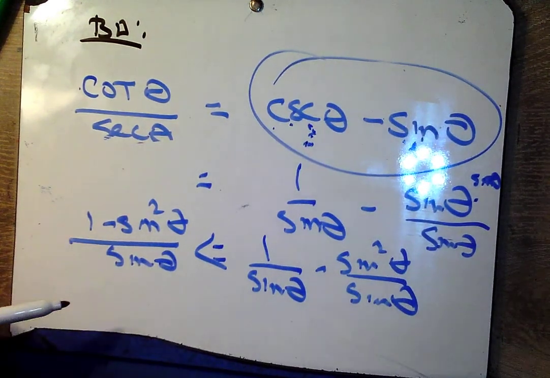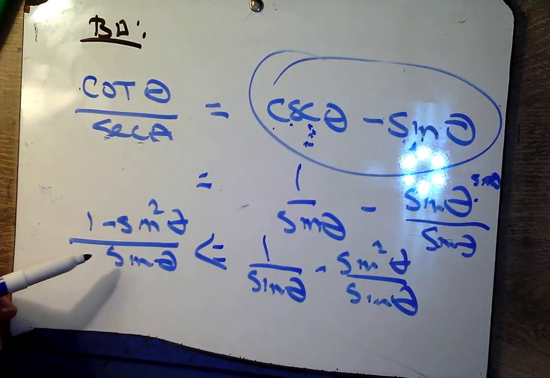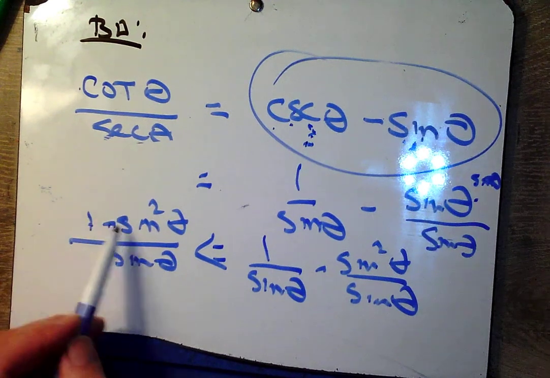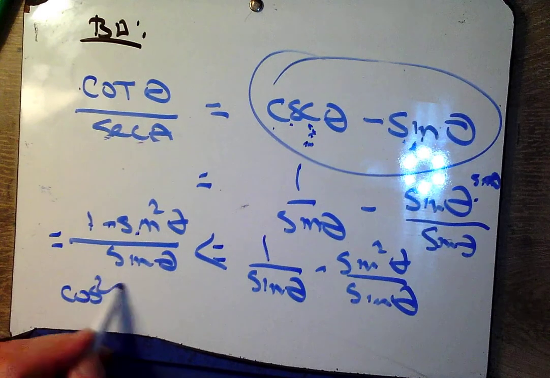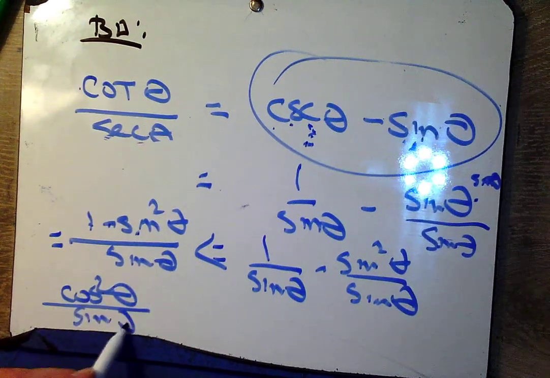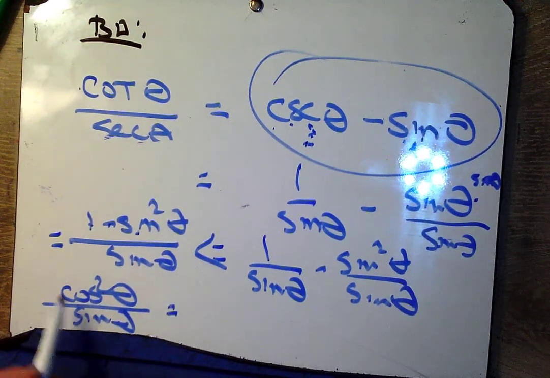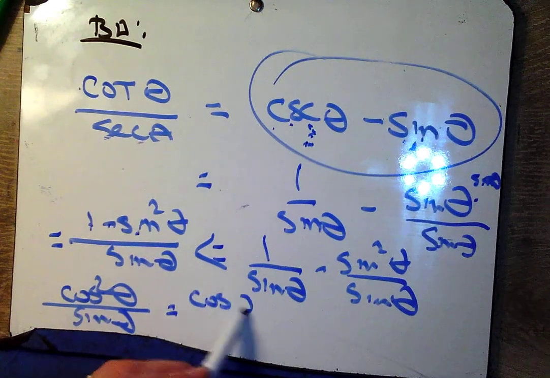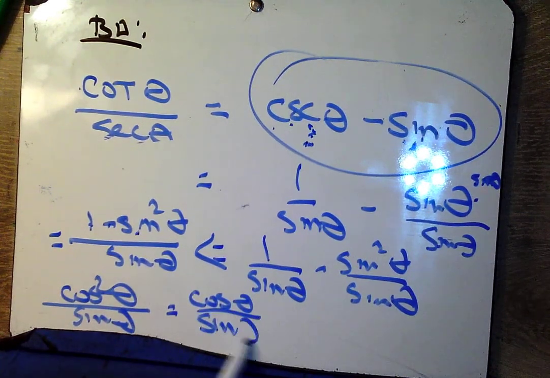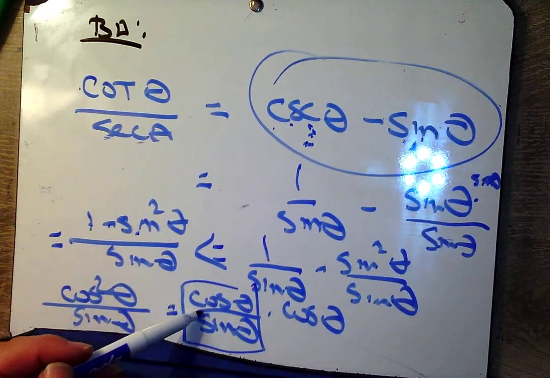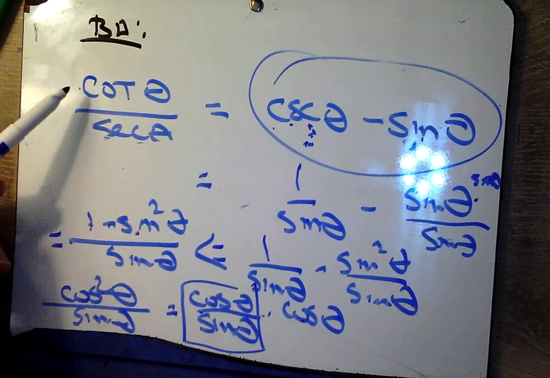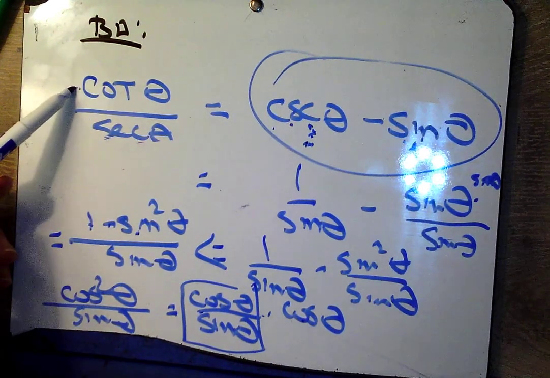What is sine squared? That's 1 minus cosine squared. Oh, look, 1 minus sine squared is here. So we could turn that into cosine squared over sine. And if I split this up into cosine theta over sine theta times cosine theta, now I'm looking at cotangent times cosine. Well, that's the cotangent I'm looking for.